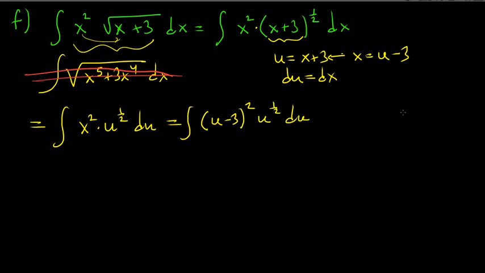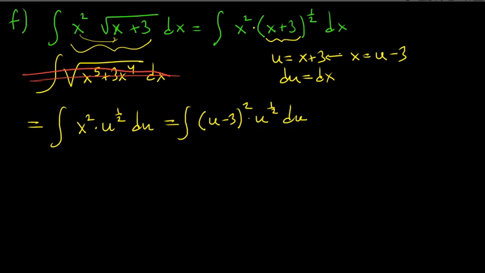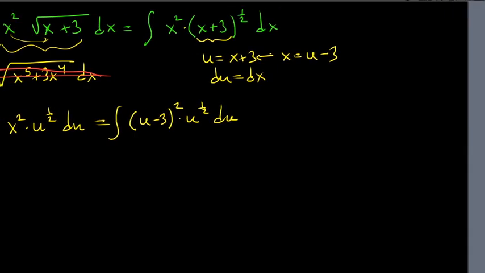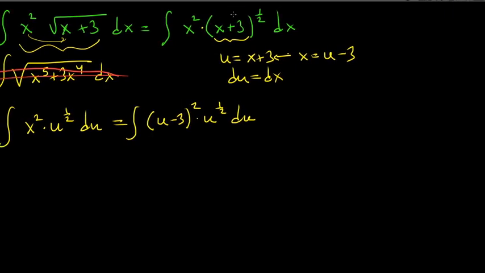So now this should work out. Now it should be doable, and I'm running out of space, so I'm a little worried that I can squeeze all this in here. I might have to go to the right a little bit. So notice that there's still an issue because this is a product and there's no product rule.